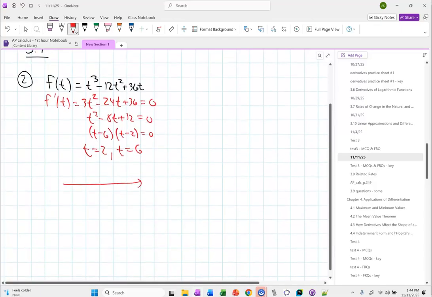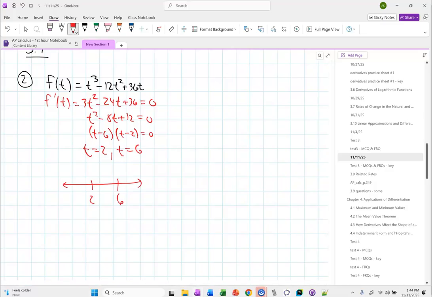I make a sign diagram. Here's 2, here's 6. I pick a point, so t equals 0, t equals 3, and t equals 7. At t equals 0, I have negative times negative, so that's positive. At t equals 3, that's negative times positive, so negative. At t equals 7, I have positive times positive, so that's positive.